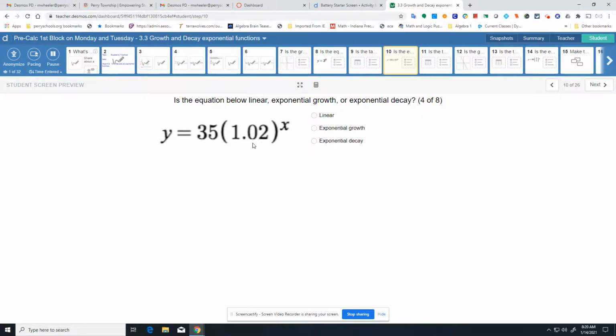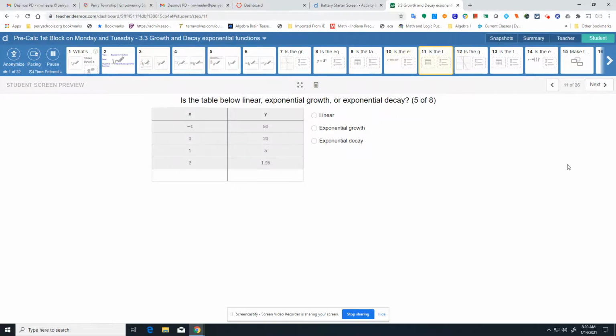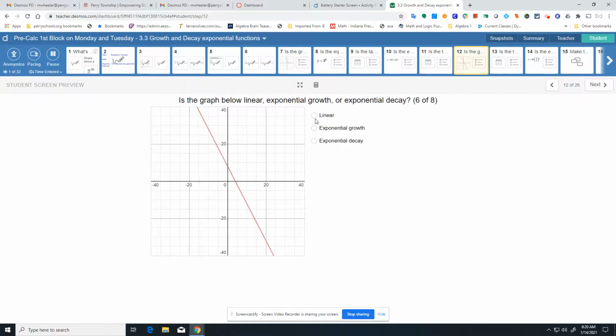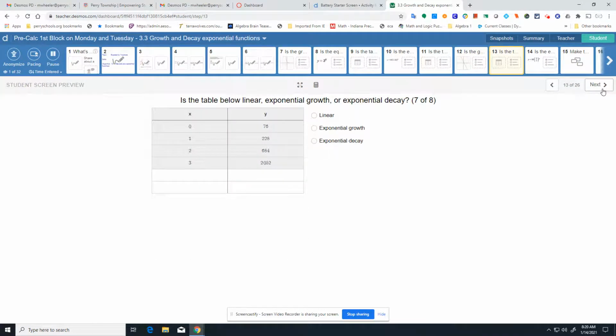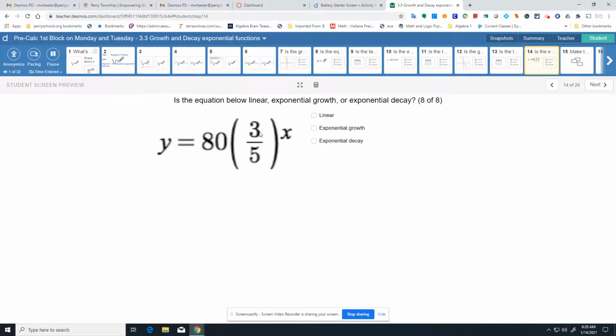This one, it's going to be growth, because that's greater than 1. Here, I'm dividing by 4 each time. My x's are pretty consistent, and it's going down, so it's decay. Not even going to talk about that one. Well, I'm going to go with growth. Well, 3/5, that's less than 1. That's going to be decay.